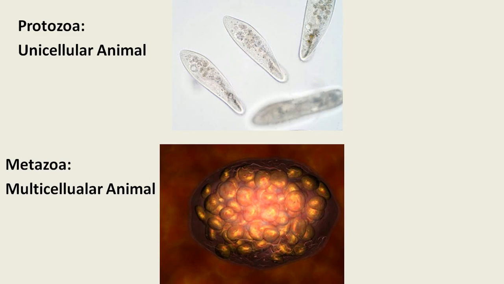The next parameter specifically concerns the animal side. Those animals that are unicellular eukaryotic organisms are known as protozoans, and those that are multicellular organisms are known as metazoans. That means they are divided into protozoans and metazoans.